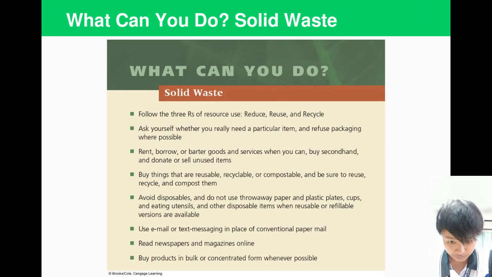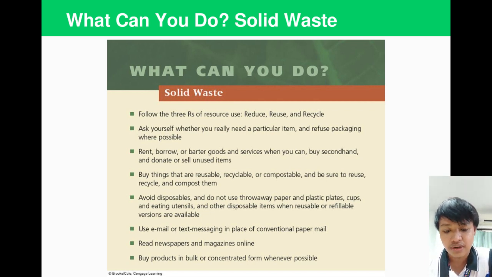So, what can you do to prevent solid waste? Follow the 3 R's of resource use, which are reduce, reuse, and recycle. Ask yourself whether you really need a particular item and refuse packaging where possible. The next is rent, borrow, or barter goods and services, buy secondhand, and donate or sell unused items.